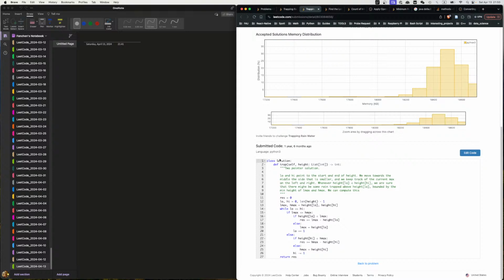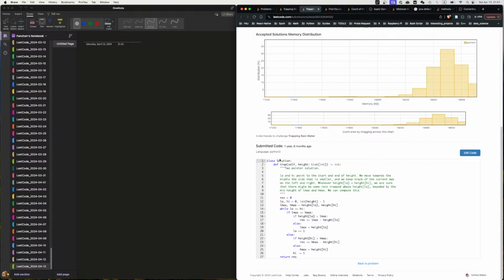And we keep track of the current maximums on the left and right. Whenever height low is smaller than high, we're sure that there might be some rain trapped above height low, bounded by the min height of left max and right max. We can compute this.